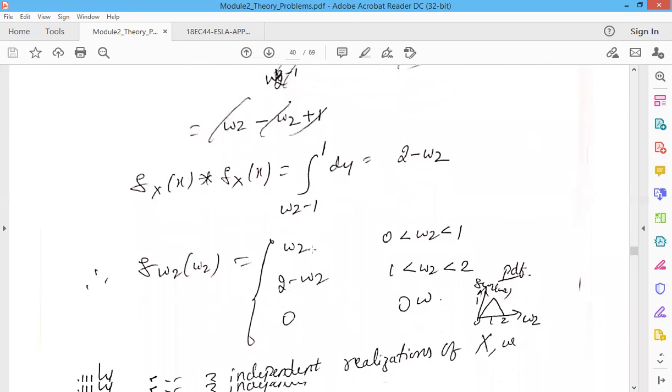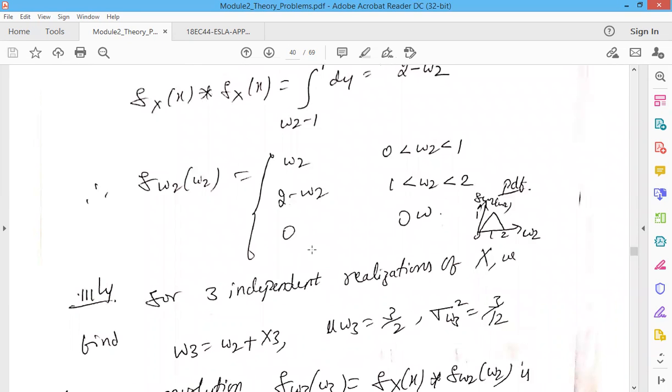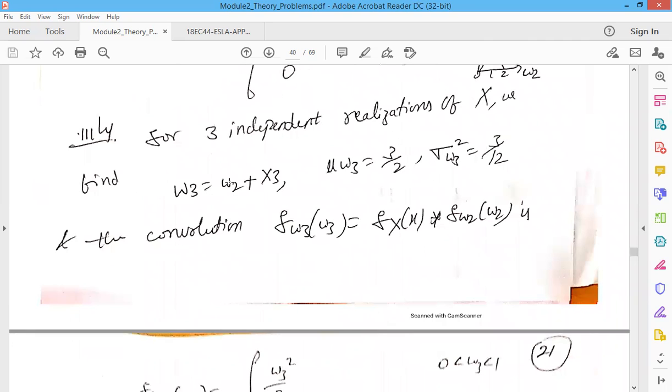And once again we can consider the sum of three independent realizations of x, that is, we will be convolving fw2 of w2 with fx of x. When you do that, it results in equations like w3 is equal to w2 plus x3, and mu w3 will be 3 by 2, that is n mu x, where n is 3, and sigma w3 square is equal to n sigma x square, that is 3 by 12.